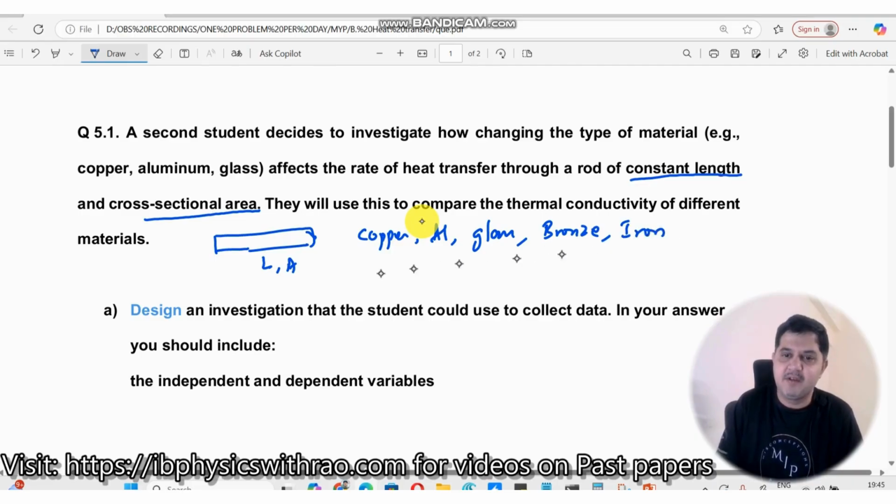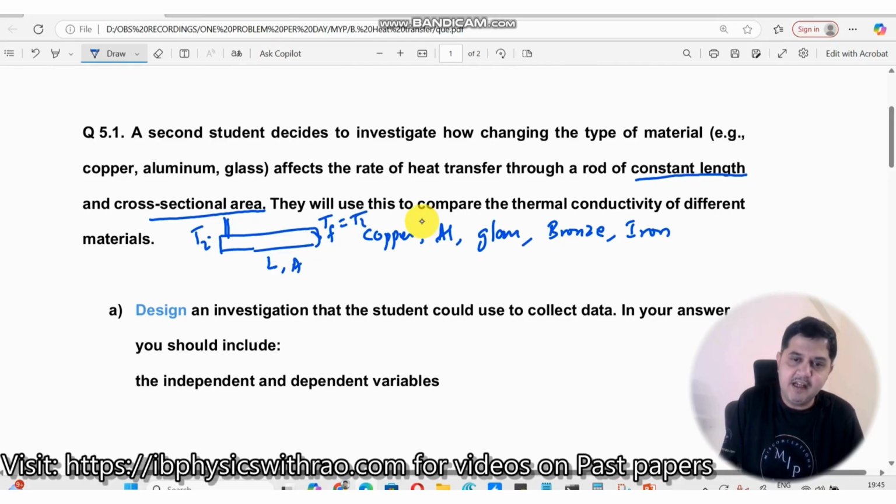I'm going to take 5 different rods and heat them here. Before heating, I find out the initial temperature. I will put a condition that the final temperature should increase by 10 degrees centigrade, so Ti plus 10.